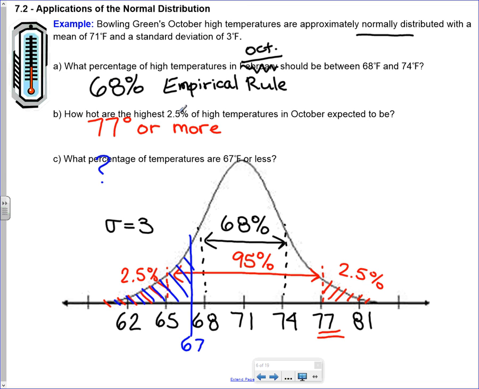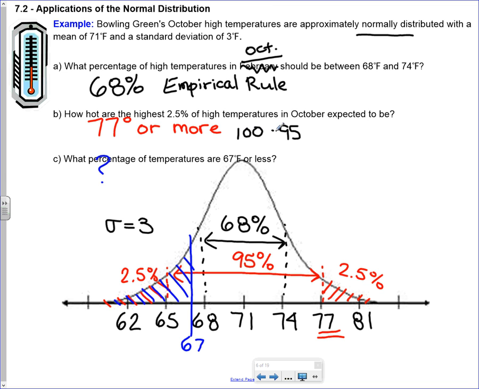How hot are the highest 2.5% of high temperatures in October expected to be? Well, that one we're still going to be able to use the empirical rule, but we have to do a little extra calculation. If you notice 2.5%, how we're going to figure that out is we know that with the empirical rule, 2 standard deviations away is 95%. So if we've got 95% from here to here, what's left over? Well, we have 100% of our data somewhere under the curve.